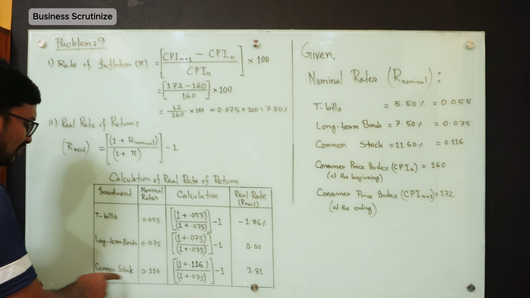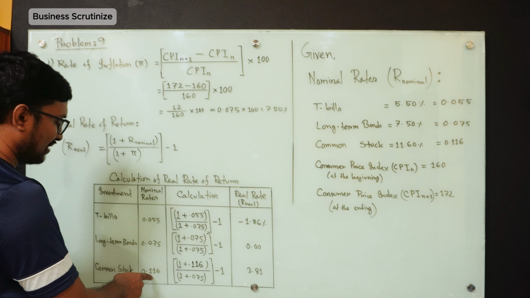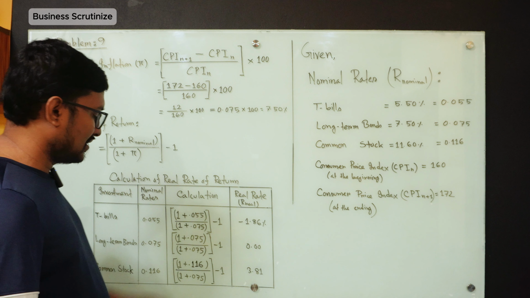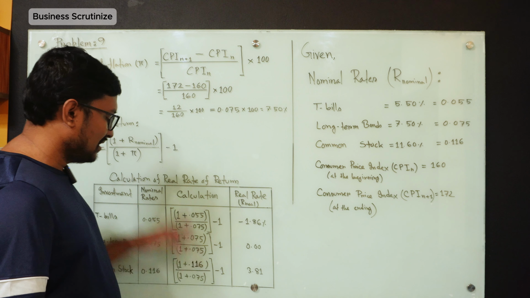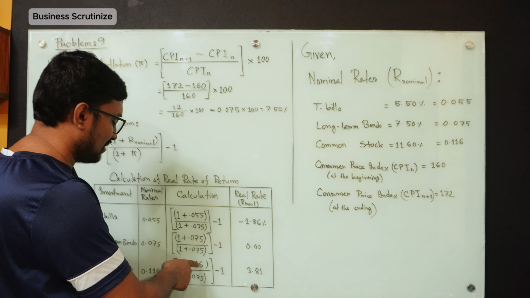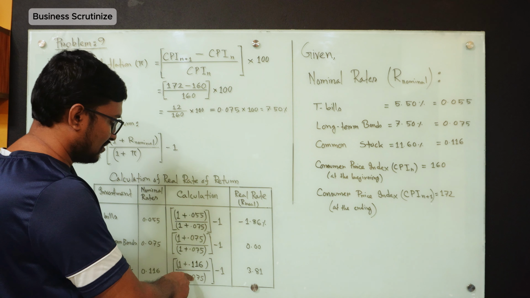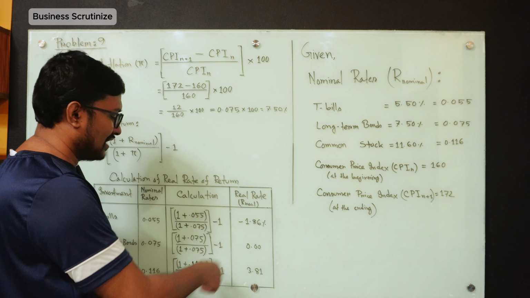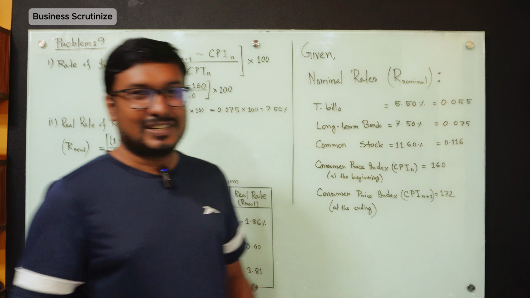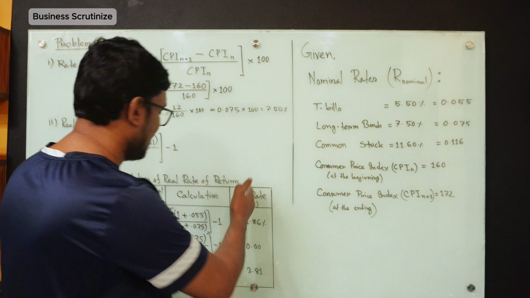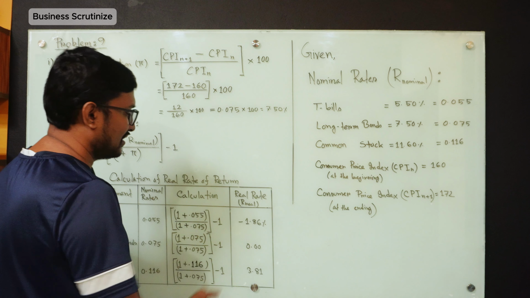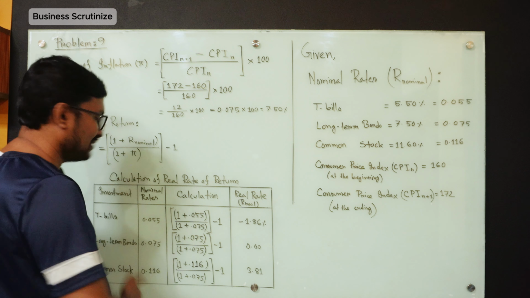And finally, for common stock, the nominal rate is 0.116, and we input it into the equation: 1 plus 0.116 divided by 1 plus the inflation rate 0.075, minus 1, and we will have 3.8%. These percentages are the real rates of the respective investments.